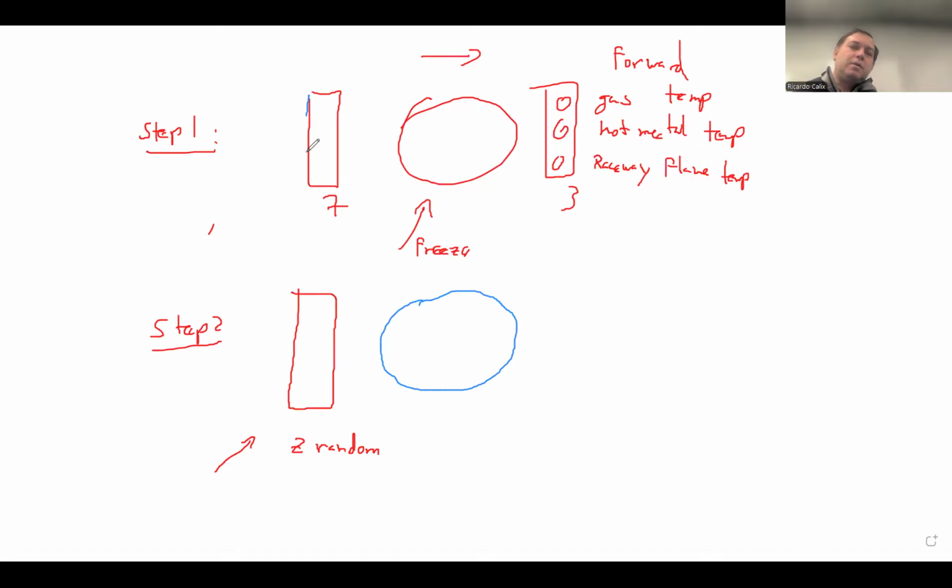So here, this was blue because it was frozen. Now this one is red because it's not frozen. Do you see that? And that's it. And then we have the outputs here, same 3 outputs, but now we say, find out what this input is that gives me the following outputs.